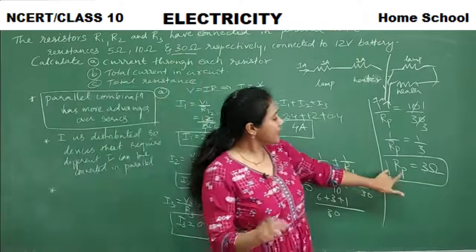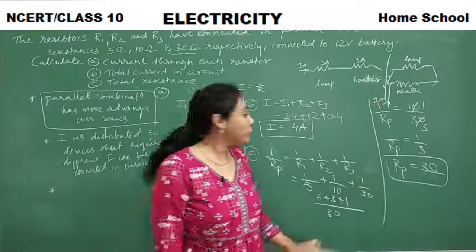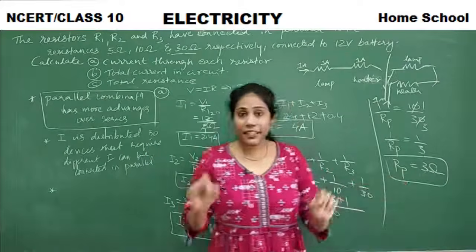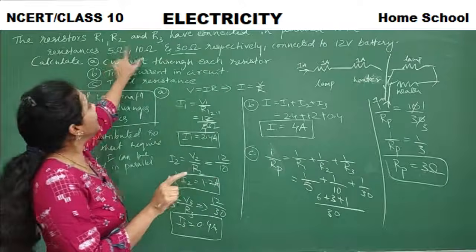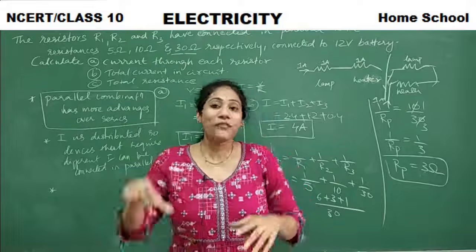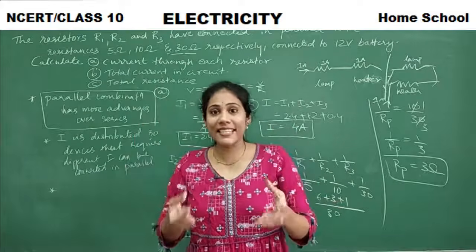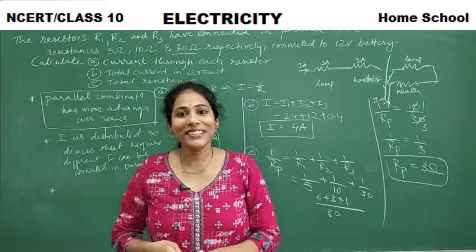But the total resistance in the circuit you see is 3 ohms. That means the total resistance is very, very much less compared to the individual resistance of each resistor. So whenever total resistance is very less, current can flow very nicely in a circuit, right?